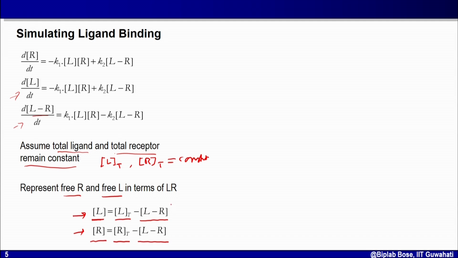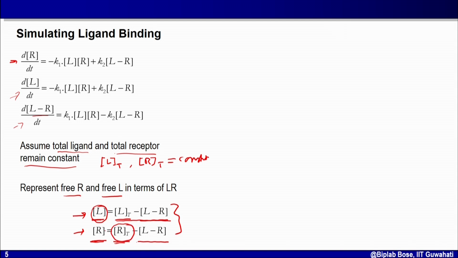So once you have these conservation rules, what can I do? Here, L can be replaced by LT minus LR. LT is a constant, so I don't require a differential equation for LT. R, for which you have a differential equation here as dR/dt, can be replaced by RT minus LR.